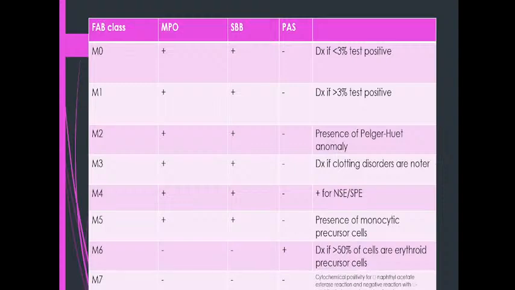Okay? Myelomonocytic is positive if there is a predominant presence of monocytic precursor cells in the peripheral blood. How do I know if it's a monocytic precursor? It will look like a monocyte, but there is what?